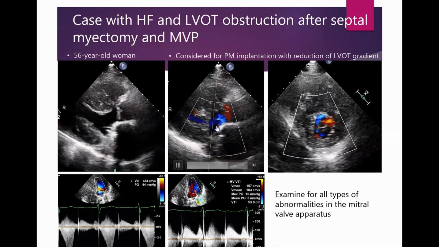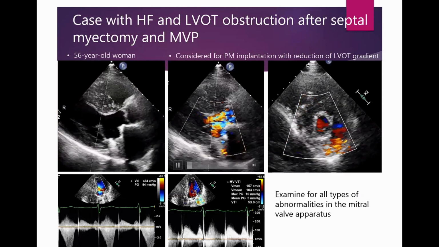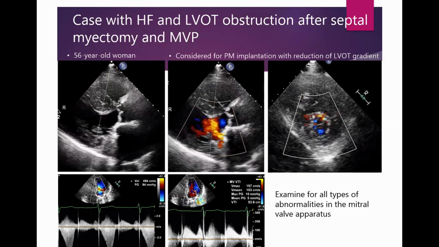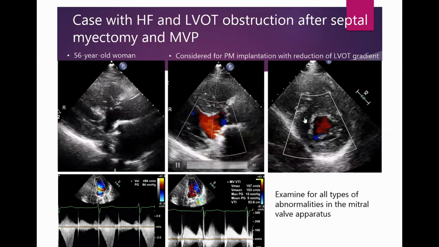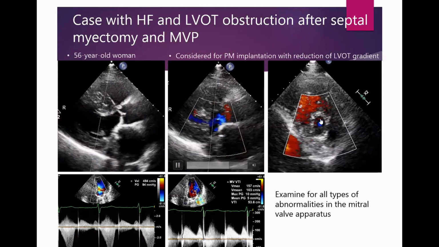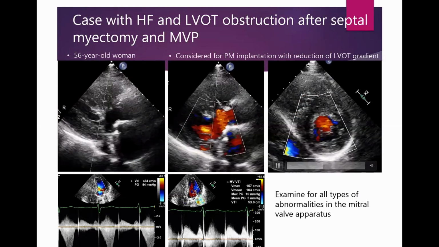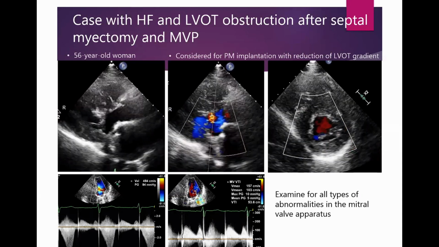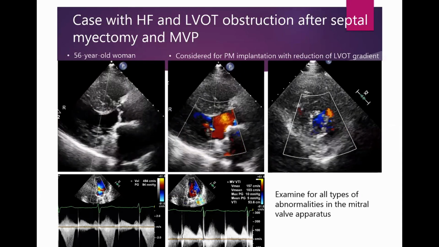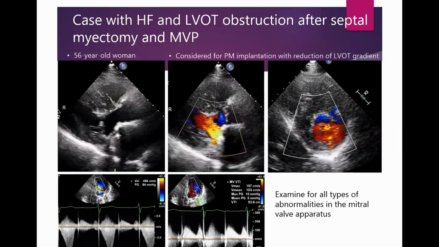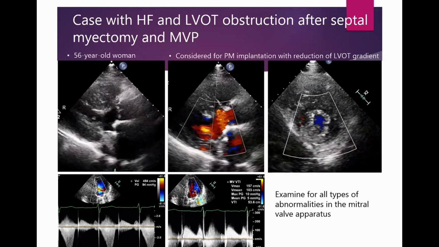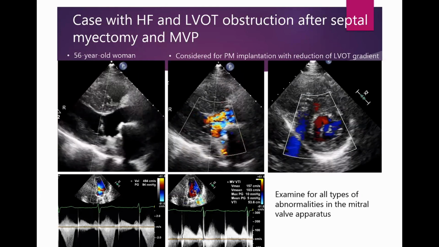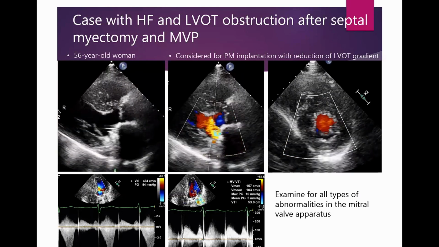Color Doppler can show us exactly the place where there is subaortic obstruction. The maximal registered gradient was 19.4 millimeters of mercury. We can conclude here that patients should be examined for all types of abnormalities in the mitral valve apparatus before they are sent to operation.